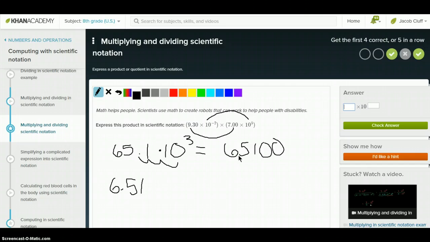Okay. And so if we're going to rearrange this, then you have 6.5, and then this is going to go 1, 2, 3, 4 over.